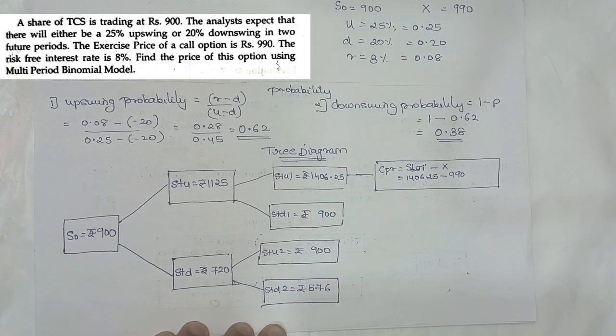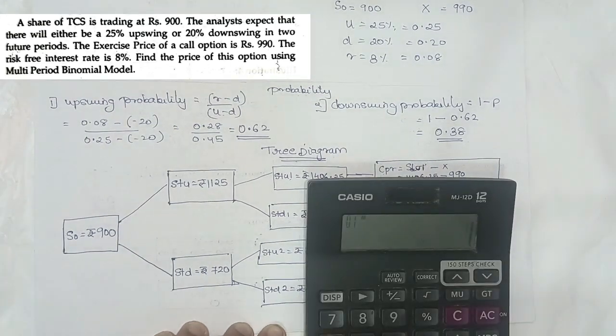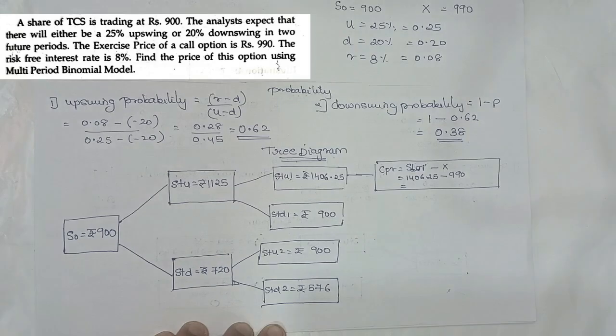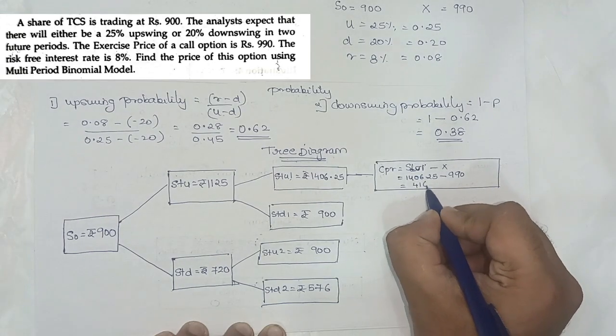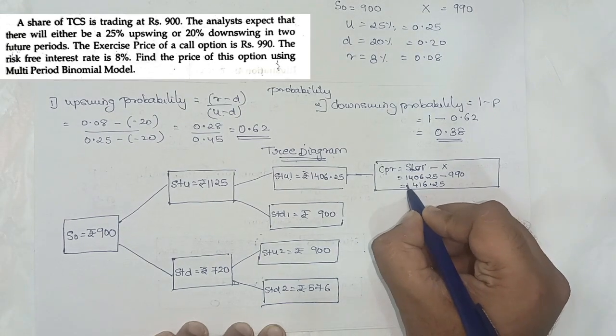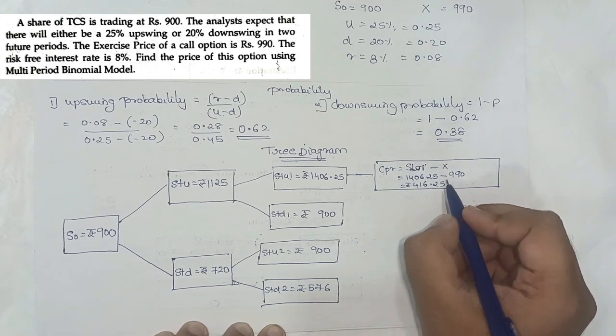When we subtract 990 from 1406.25, we get the value as 416.25. So 416.25 rupees, because there is a profit.